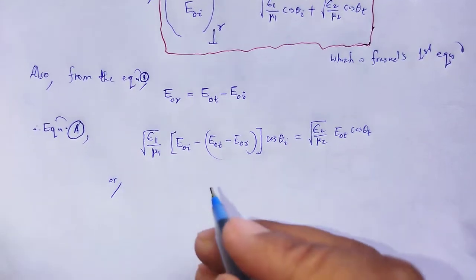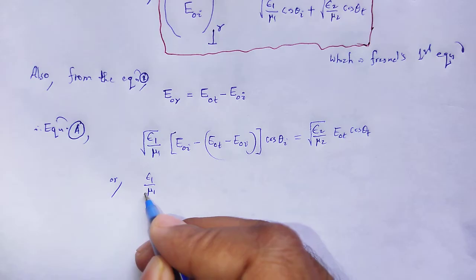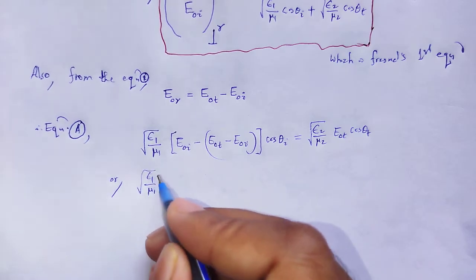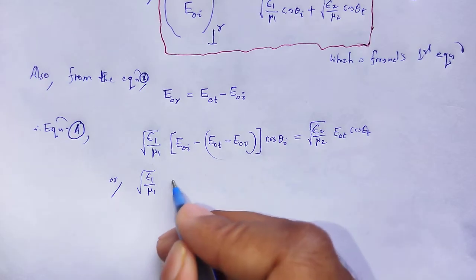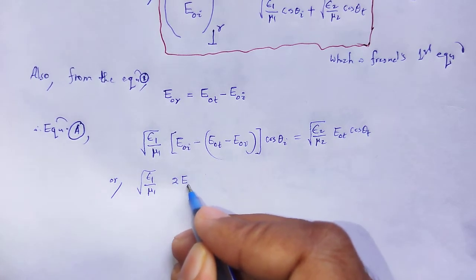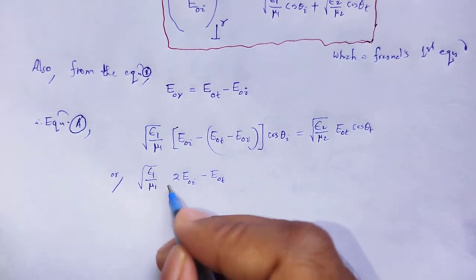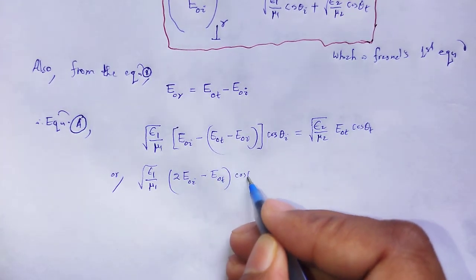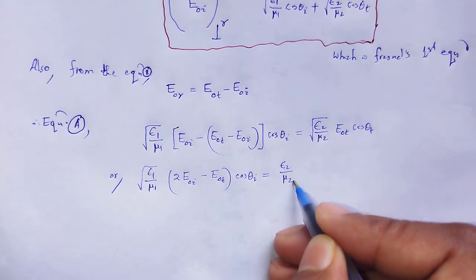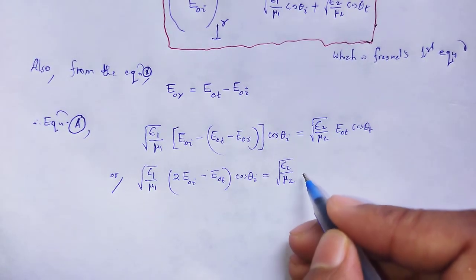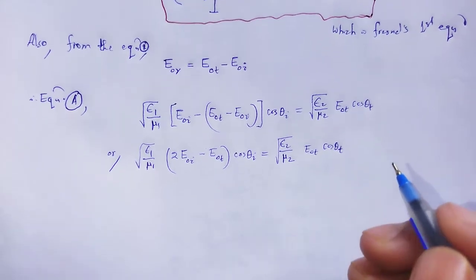Or simplifying the terms, square root of epsilon 1 mu 1 (2 E0I minus E0T) cos theta I is equal to square root of epsilon 2 mu 2 E0T cos theta t.